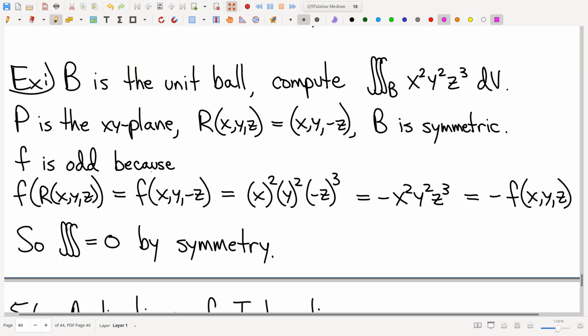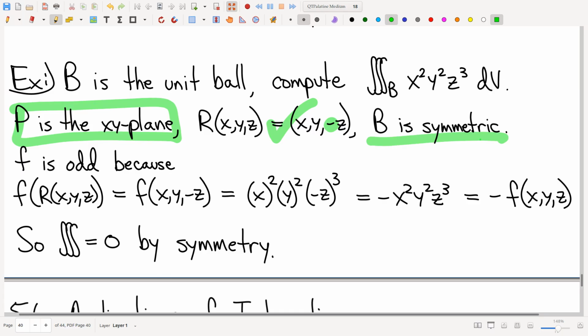But check this out. Let's think about the xy plane, the horizontal plane. When you reflect through a horizontal plane, you're just going to negate the z coordinate. So the reflection is easy to write down. The unit ball is symmetric through lots of planes, including the xy plane.